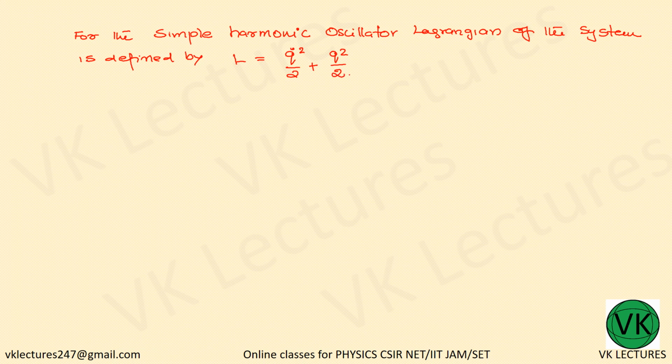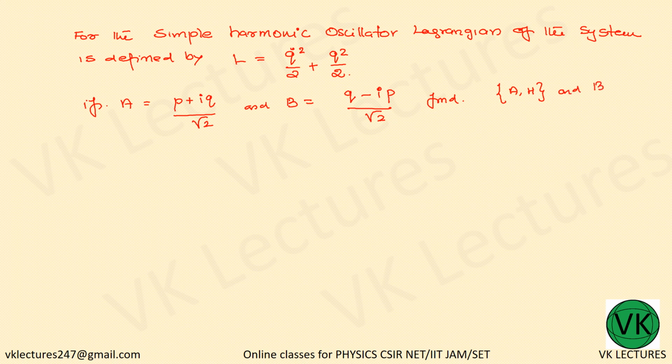Now if A is equal to (p plus iq) by root 2 and B is equal to (q minus ip) by root 2, find the Poisson brackets A comma H and B comma H.